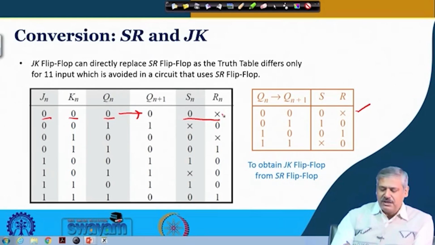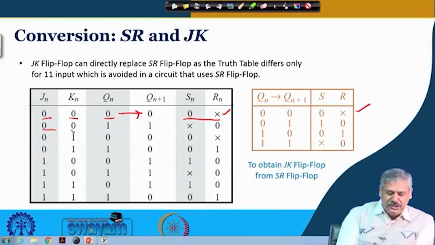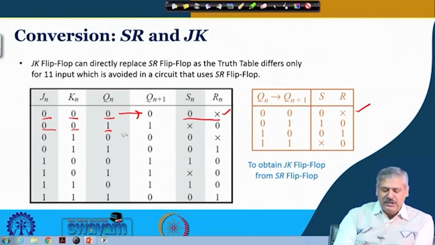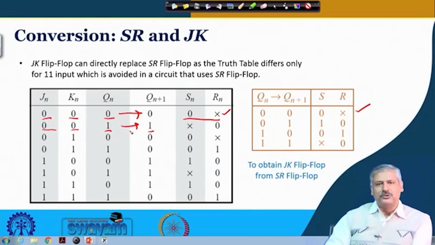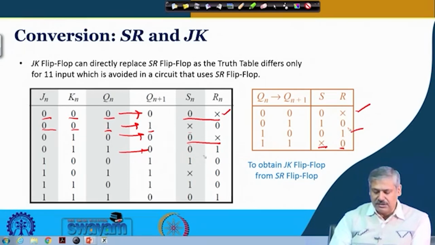Clear. If instead of 0 it was 1, the transition would have moved to 1. So, what should have been present at the SR flip-flop input at that time? It should have been 1 0, from the SR flip-flop excitation table. For the combination 0 1 0 of J K Qn, again a 0 to 0 transition, so 0 X. For 1 to 0, we need 0 1.